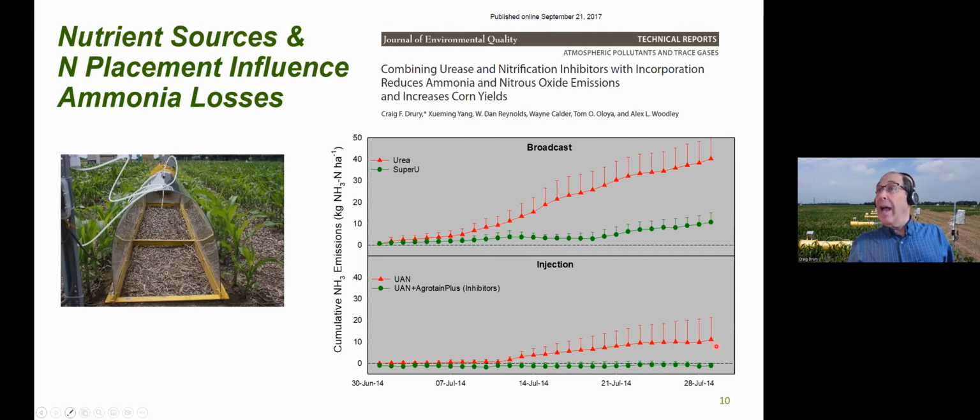Once again, injecting the same N, no inhibitors, that's the red triangles, our losses are only 10 kilograms, and we can actually eliminate the losses by adding the Agrotain Plus, the dual inhibitor, as well as the UAN. So again, we've gone from 40 kilograms down to 0 loss. So that's 40 kilograms more in the soil available for the plant.